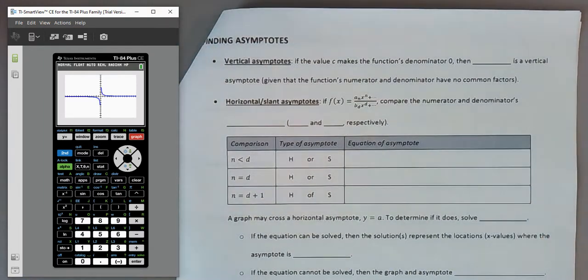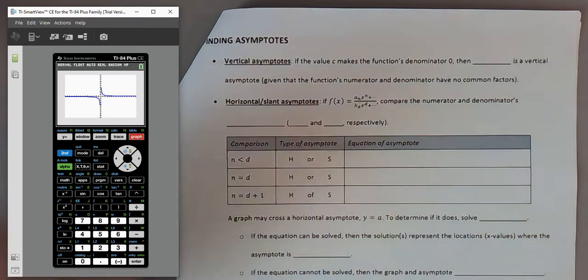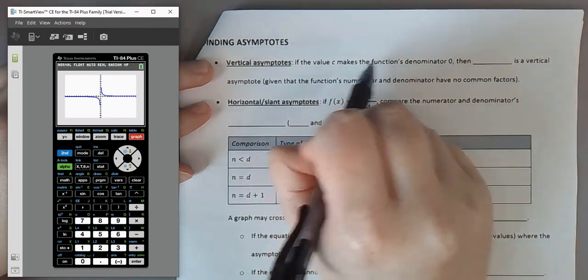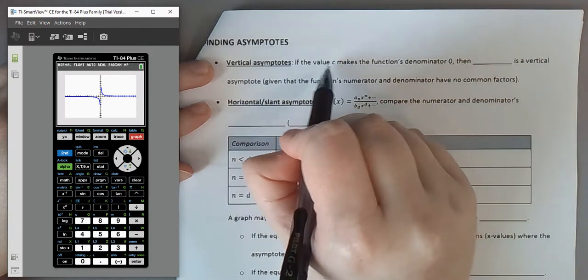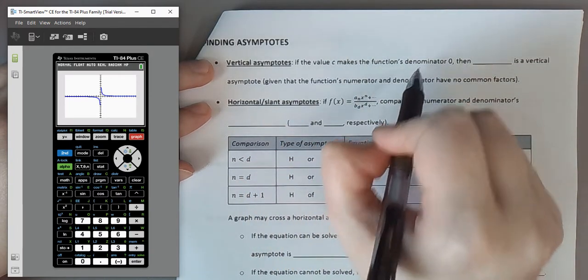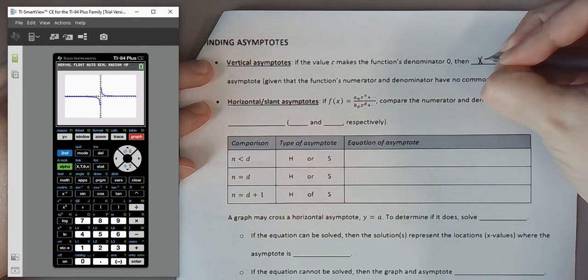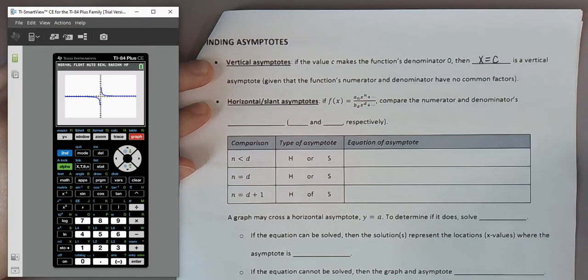We can see them on a graph. How do we find them algebraically? Well, we already talked a little bit about how you'd find a vertical asymptote. We're looking for values that make the function's denominator 0. So if c, the constant c, makes the function's denominator 0, then the line x equals c is a vertical asymptote.